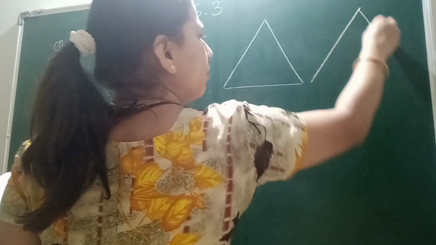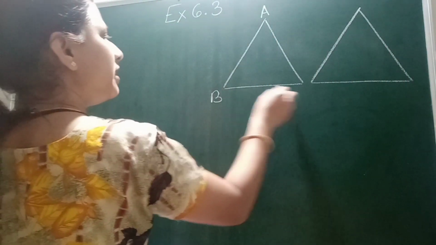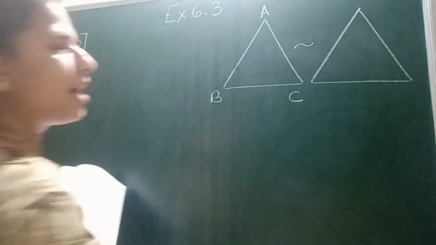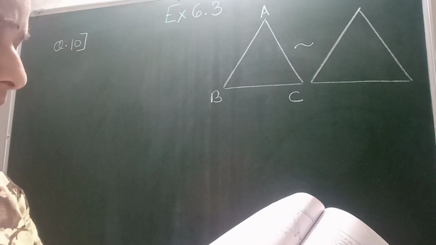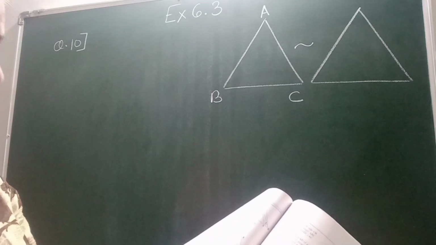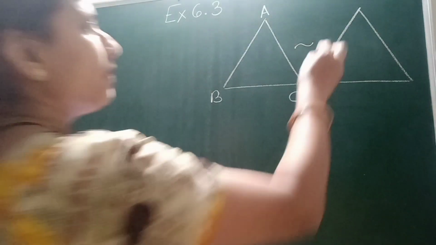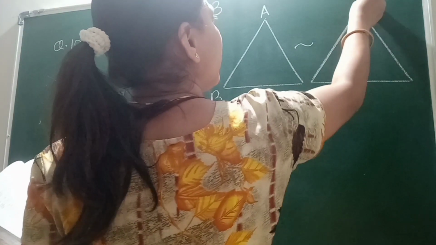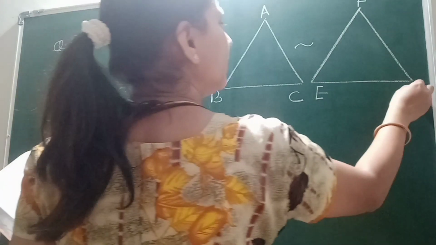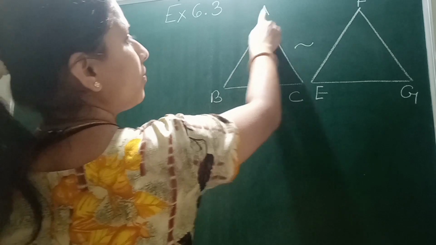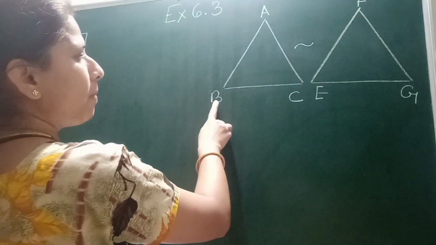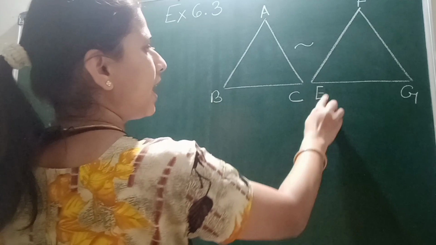It is given that both the triangles are similar, triangle ABC similar to triangle FEG. As you can see here, the corresponding part of A is F, of B is E, and of C is G.